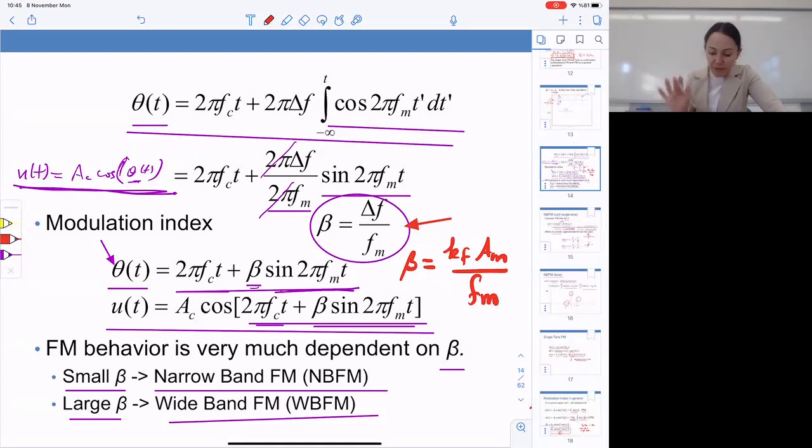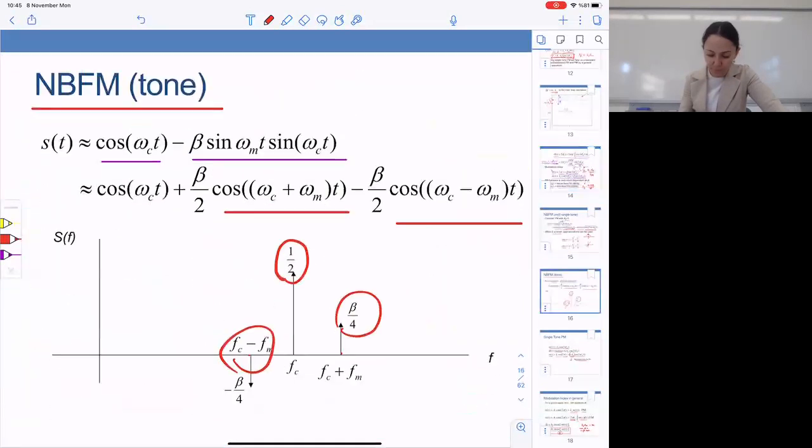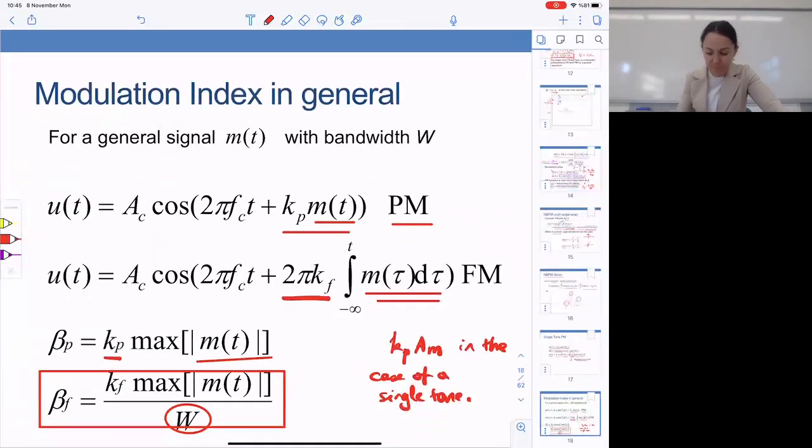Now, in the case of a general, non-sinusoidal signal, the corresponding beta is k_f times the maximum amplitude of m(t) divided by W. I know it seems like we're introducing a lot of notation, but we're pretty much at the end of our notation here. Any questions?